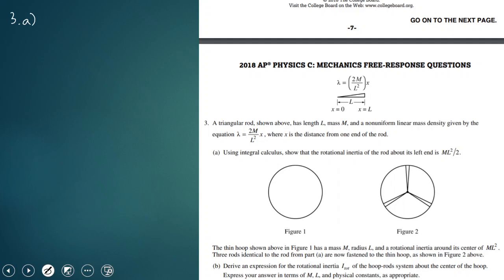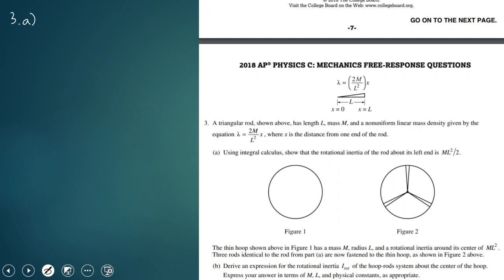And so we're given in the diagram that we consider the pointy part or the sharp aspect of the rod to be x is equal to 0, and we can move up the rod until we get x is equal to L. So we're given a non-uniform linear mass density, and the first question is, using integral calculus, show that the rotational inertia of the rod about its left end, so about the point x is equal to 0, is just mL squared over 2.